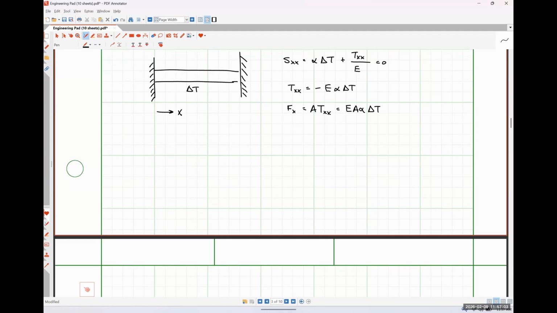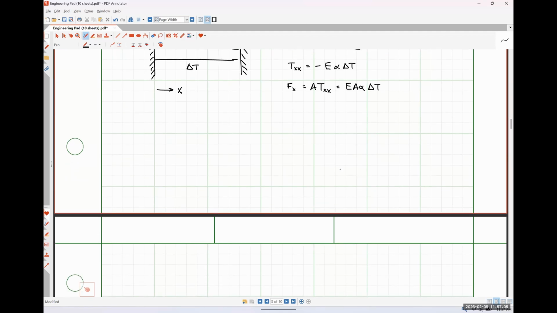Okay. So think about it like this. I've got some anchor point down here. And then I've got a long beam like so.